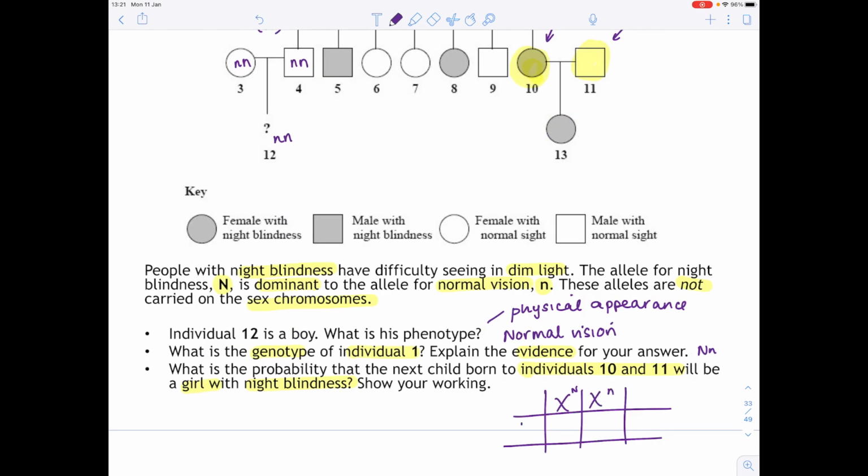So there's the mother. There's the father. Let's do that cross. And then now let's match up these genotypes with the phenotypes. So we know that this individual will be a girl with night blindness.